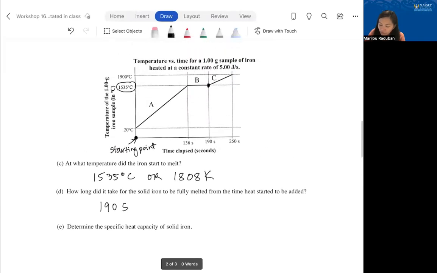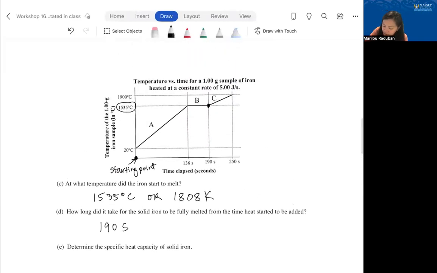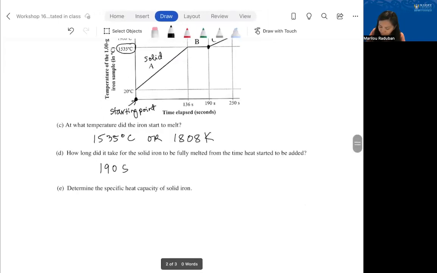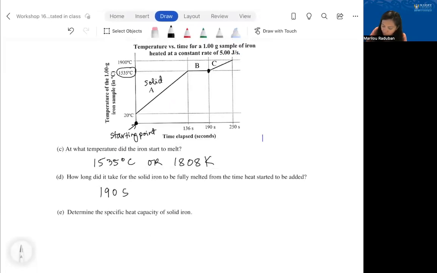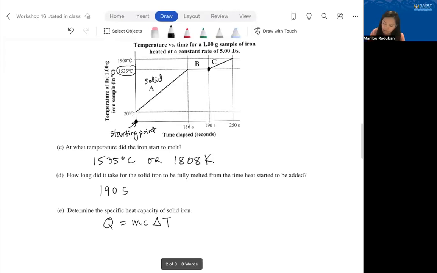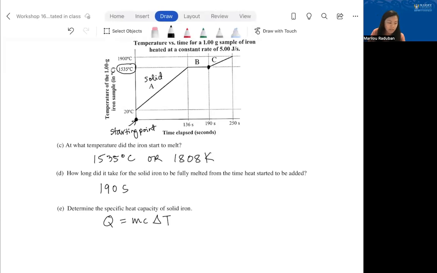By identifying which regions the iron exists as solid, liquid, and both, we've seen that region A is when iron is solid. The temperature of solid iron changes, and we've seen in the lecture that the heat added to iron that results in the change in temperature is given by this equation, Q equals mc delta T.